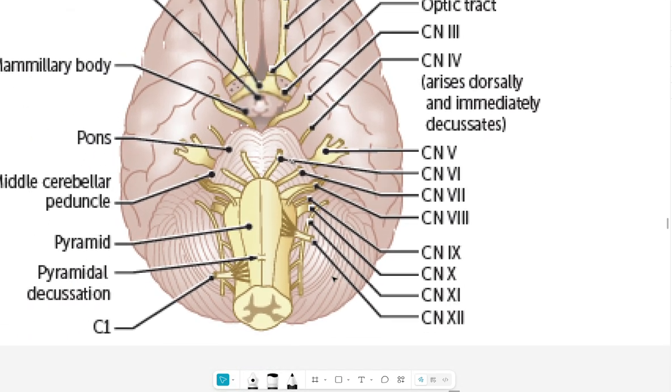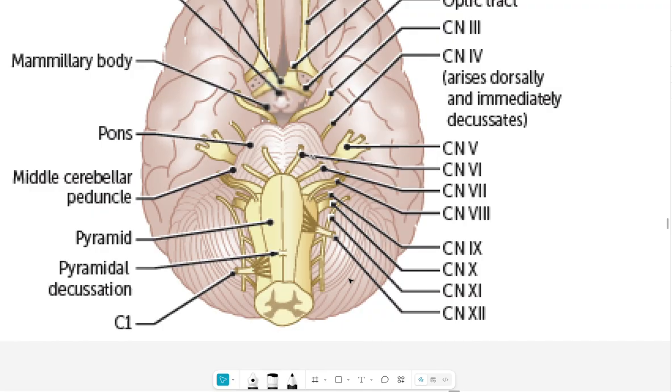So when you look at this medulla beneath it, you see that cranial nerve 9, 10, 11, and 12 are coming off the medulla. Cranial nerve 12 basically exits between the pyramid and the olive. So let's find our cranial nerve 12. See, you can see this here. So this cranial nerve exits between the pyramid and the olive, right? And this is basically called the pre-olivary sulcus because it is just before the olive, right here.